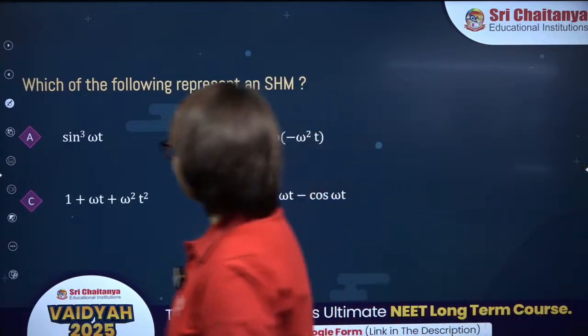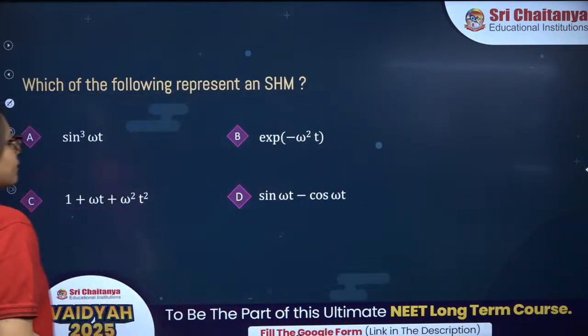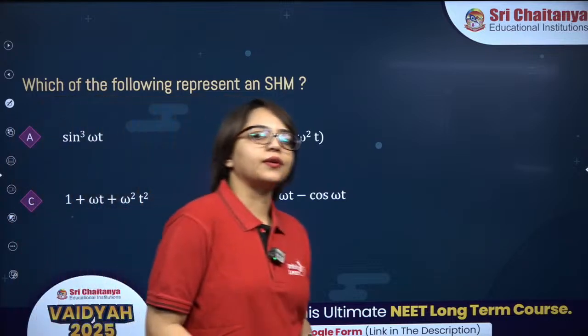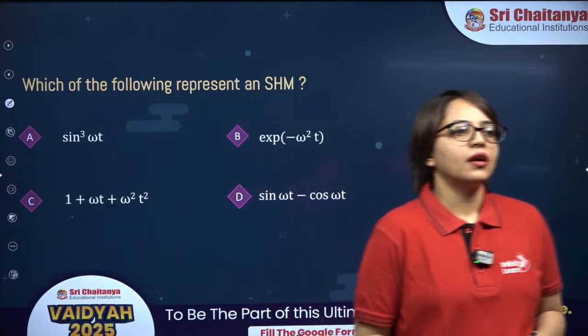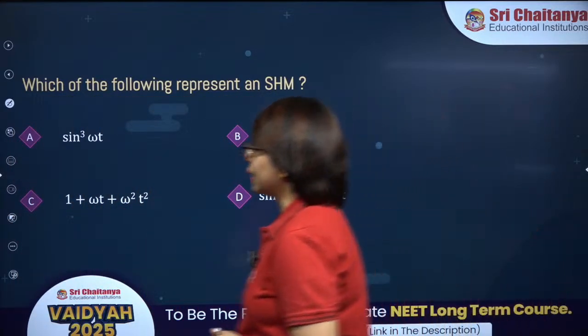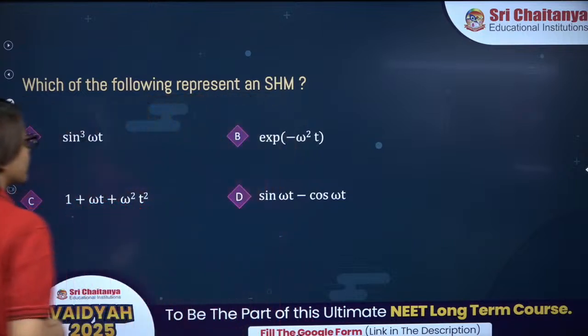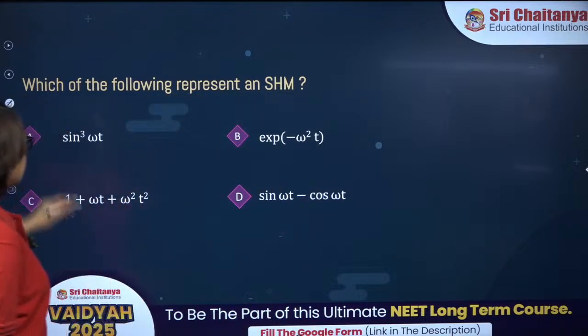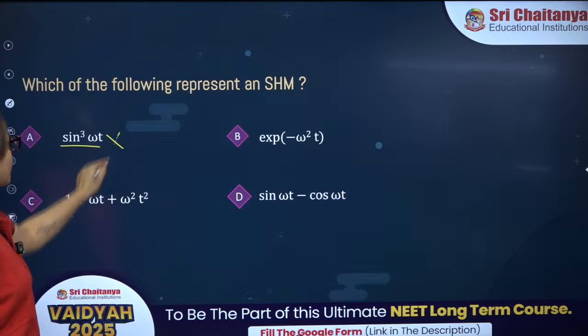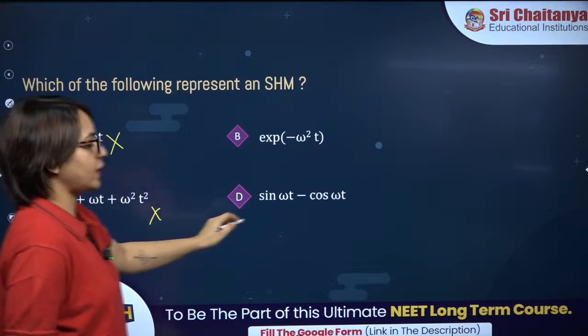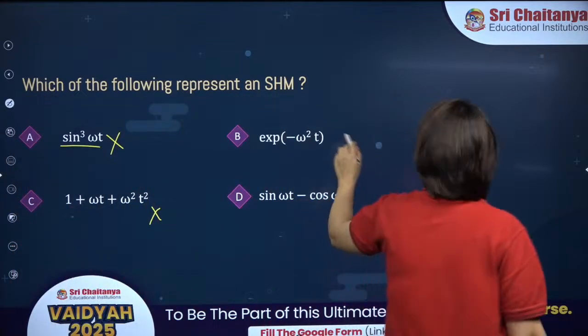Can anyone tell me? In SHM we represent displacement, velocity, acceleration in the form of sine or cos, right? These are sinusoidal functions. So this is sine cube, not possible. This is e to the power something, it is not possible.